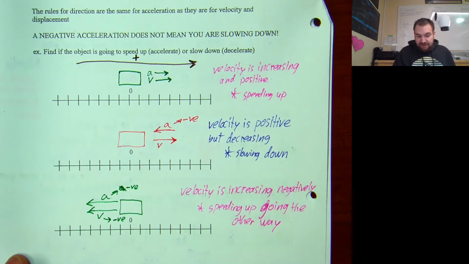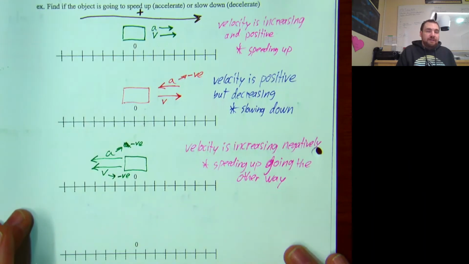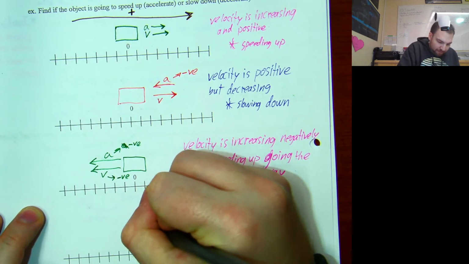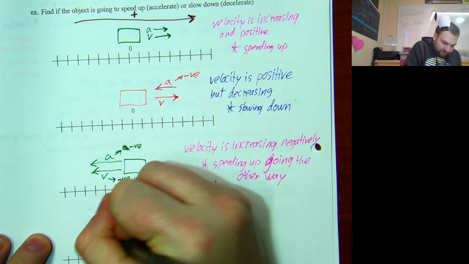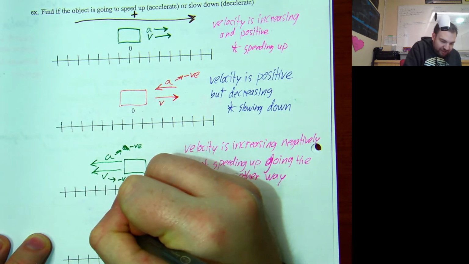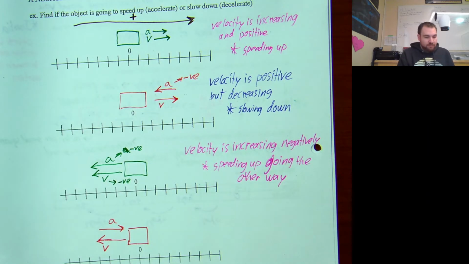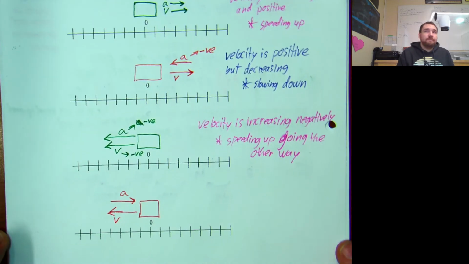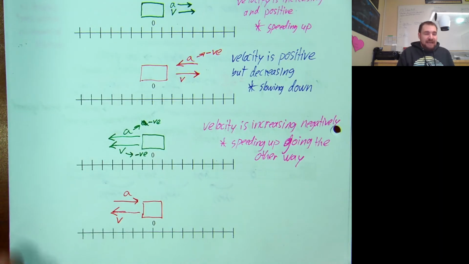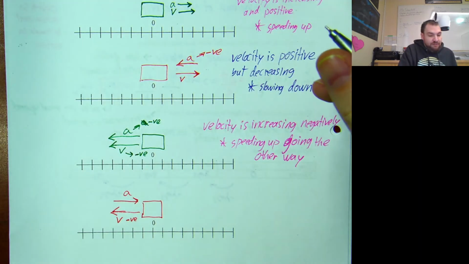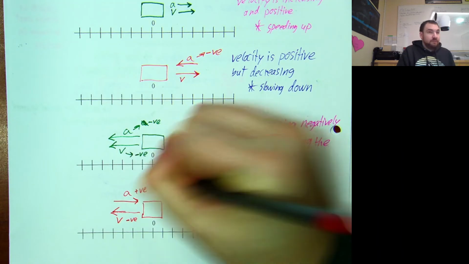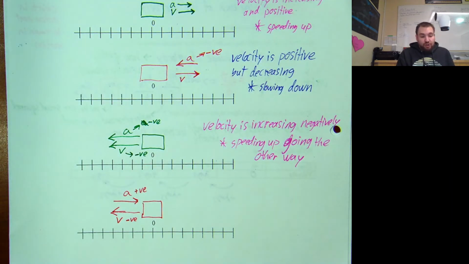So then the last combination we could include here is what happens when I've got my object that has a velocity this way and an acceleration this way. In this last example, my velocity is negative, but my acceleration is positive. So what's actually happening here?